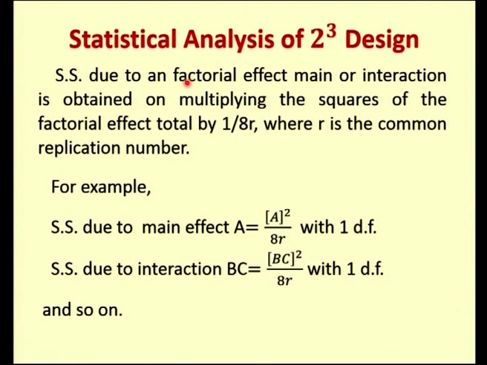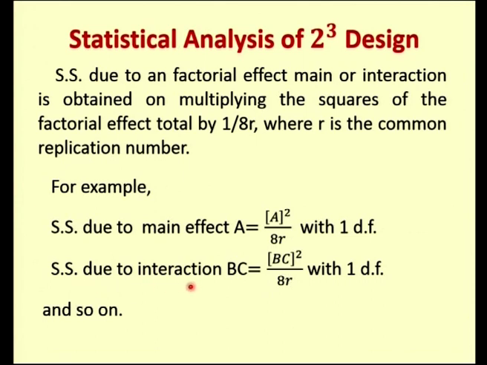And the sum of squares due to a factorial main effect or interaction is obtained by multiplying the square of the factorial effect total by 1 by 8R, where R is the common replication number. For example, the sum of squares due to main effect A is obtained by dividing the square of the factorial total, that is [A] whole squared, by 8R, and it will have 1 degree of freedom.